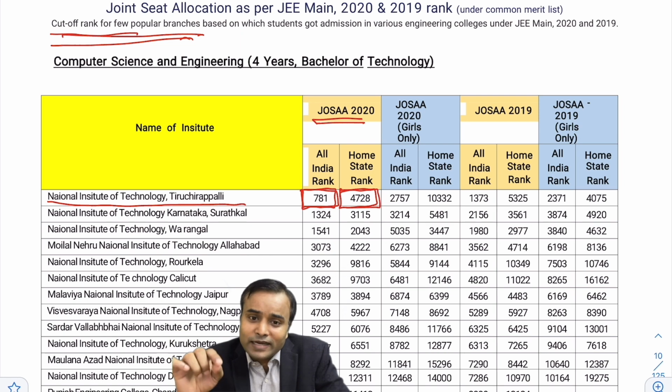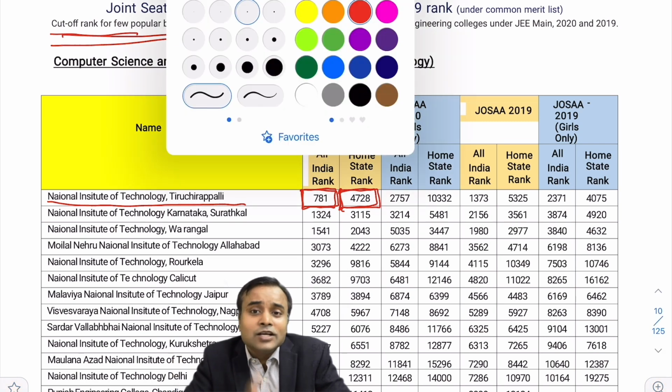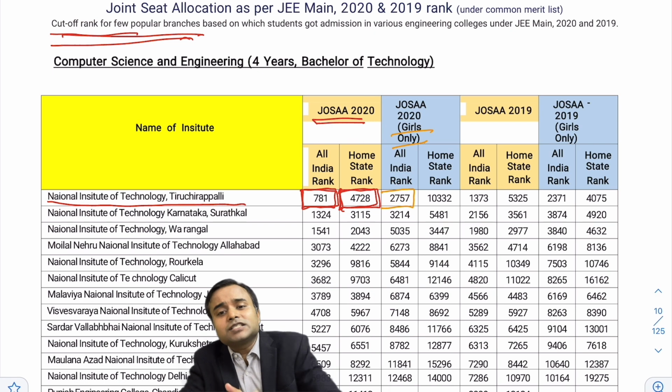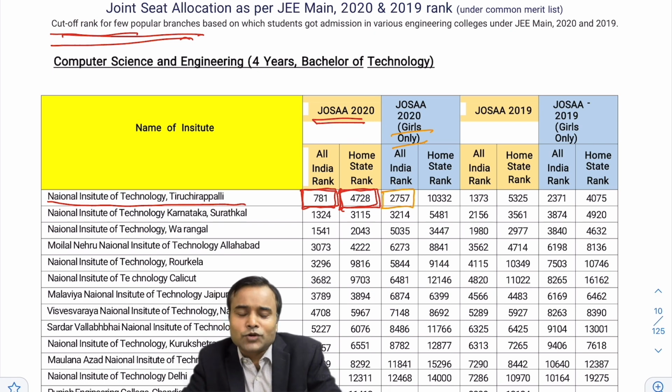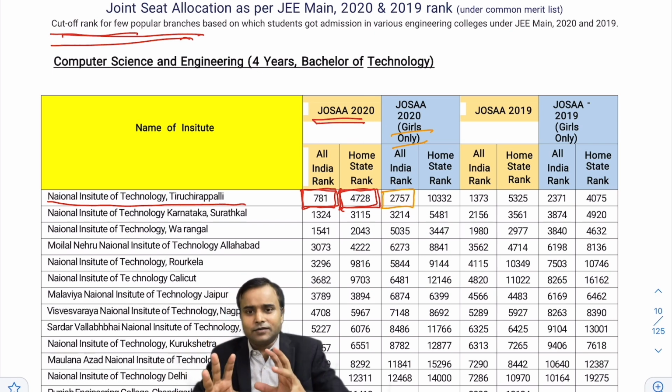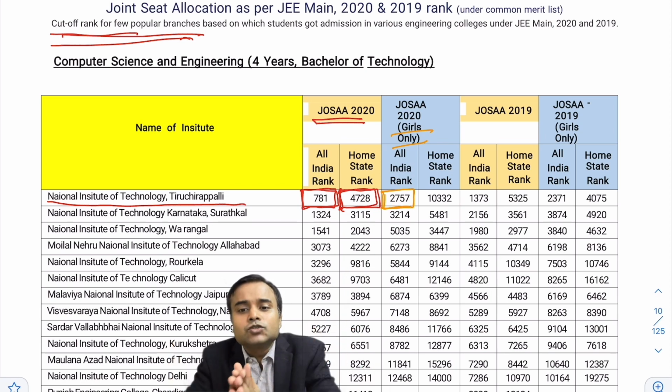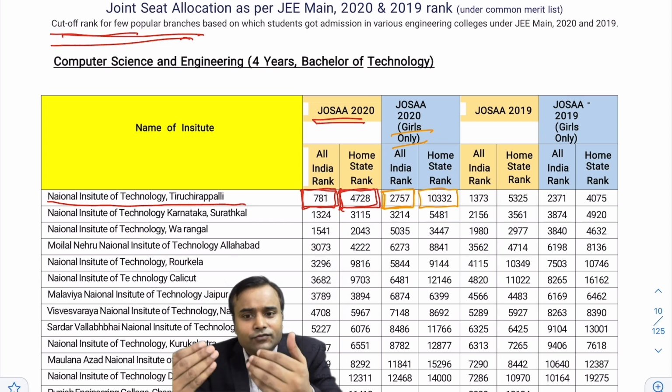A student who belongs to another state will get admission in NIT Delhi only on the basis of all India rank, but a student from Delhi will get the benefit of home state rank. This system is not only for Delhi or only for Tamil Nadu. It is for every state, so students get the benefit of their own state.